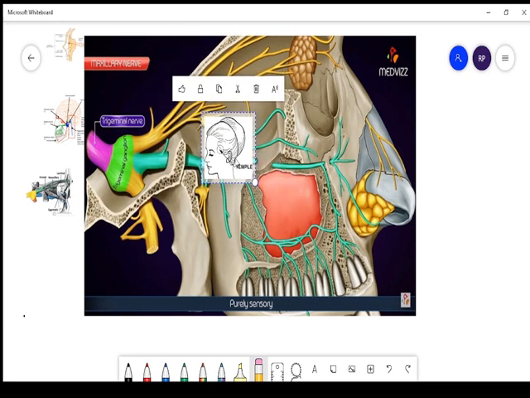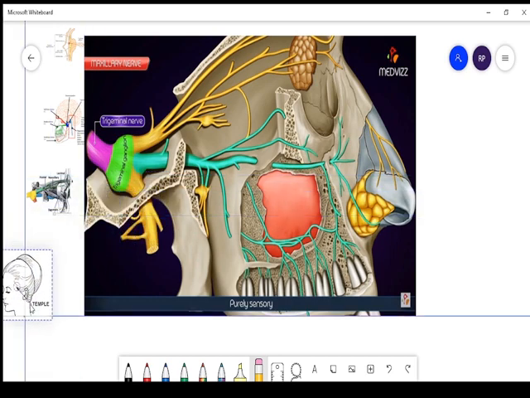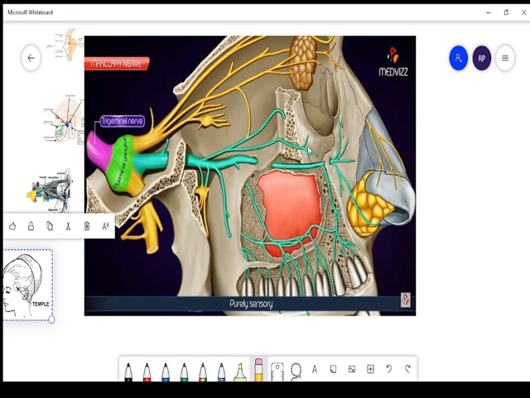From here the sensation comes through the zygomatico-temporal branch. Then this is the zygomatico-facial branch. It also enters the face through the foramen of the zygomatic bone, through the hole of the zygomatic bone, and comes to the face and supplies the skin of the face.